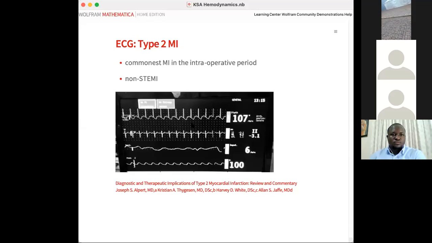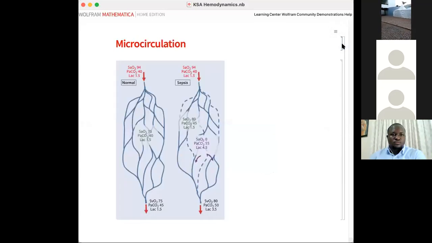And when we placed them on the monitor, we could see something similar to this, that the ST segment was way higher, more than 3 small squares. So basically, that's how you monitor. And as you resuscitate and maybe achieve balance between demand and supply, you may find that your ST segment goes back to normal or 0 or something.